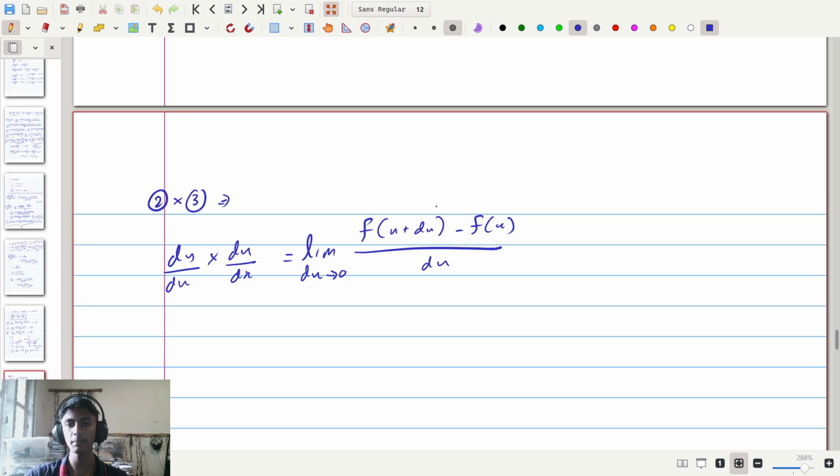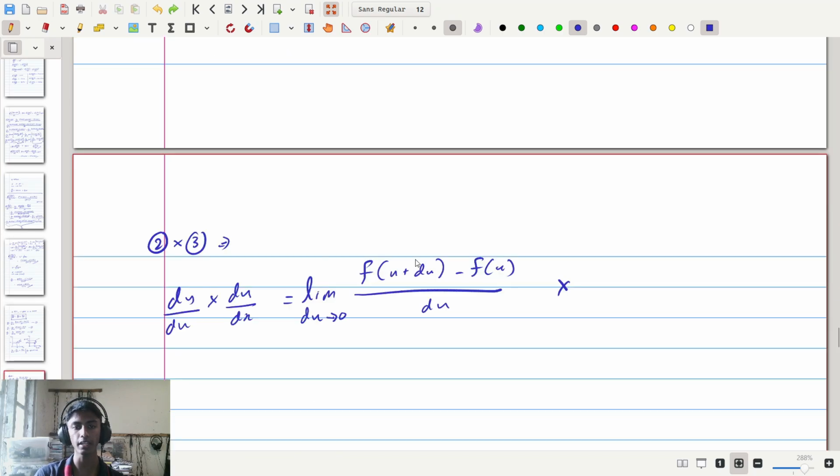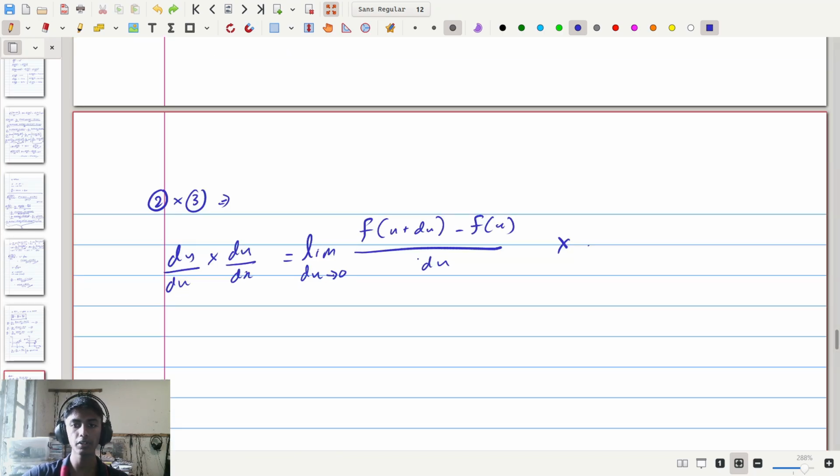And then multiplied by the second limit here, which is the limit as dx approaches 0 of g of x plus dx minus g of x divided by dx. So here, writing that down, the second limit is equal to the limit as dx approaches 0 of g of x plus dx minus g of x divided by dx.